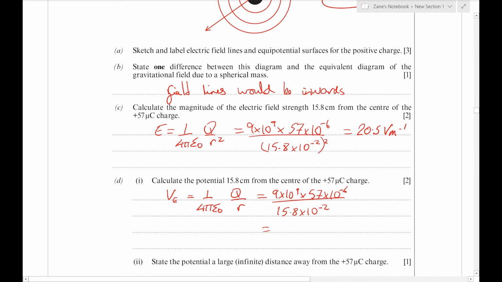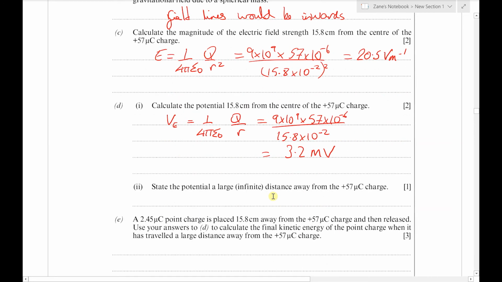So a quick way of getting this answer is just simply to multiply your previous answer by 15.8 times 10 to the minus 2. The only difference between the two calculations is the squared on the bottom there. So if we put that in, we end up with 3.2 mega, and this will be volts or possibly joules per coulomb, but the standard unit is the volt.